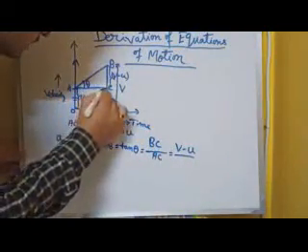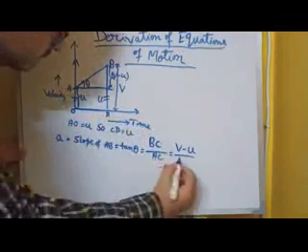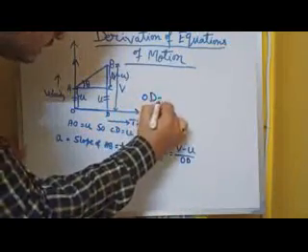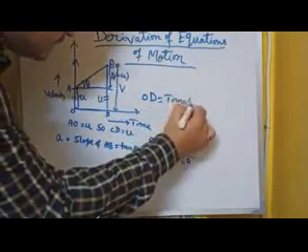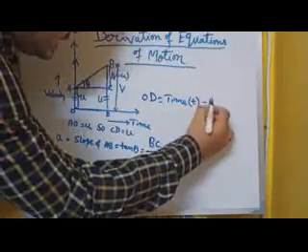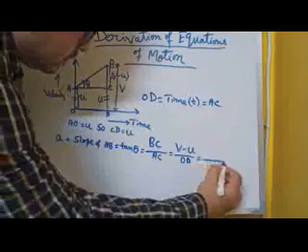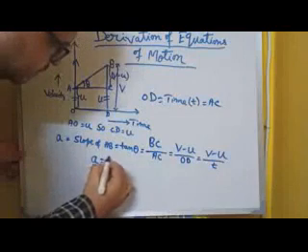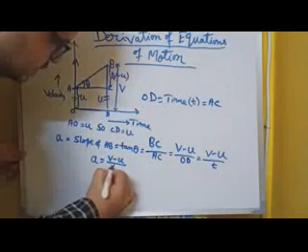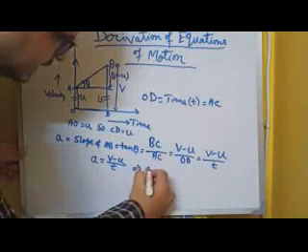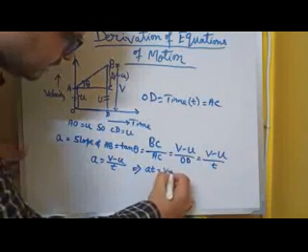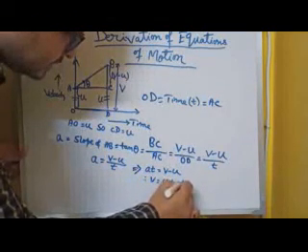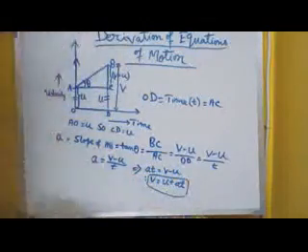AC is equal to my OD, and OD is equal to my time, that means T. So A is equal to V minus U by T. Now you multiply, A into T is equal to V minus U. So V is equal to U plus AT. Proof by the graphical method.